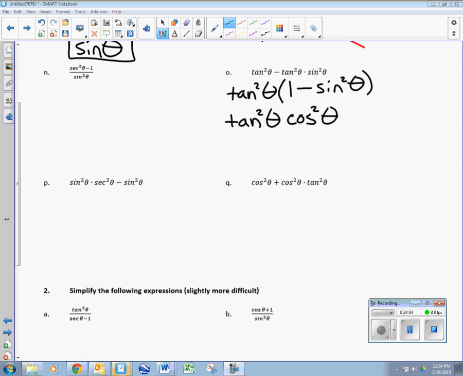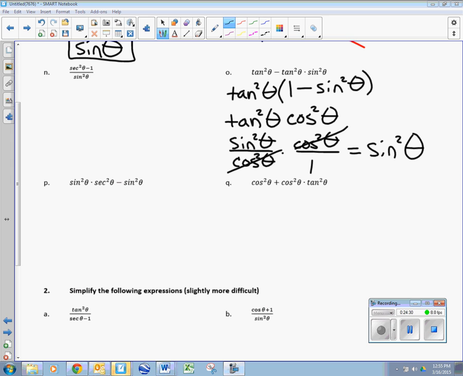Hey, I can rewrite tangent in terms of sine and cosine now, because I can see that I'll get a cosine squared in the denominator. And that's going to be helpful because I'm going to get some canceling here. What cancels? Cosine squareds, I get sine squared of theta. Isn't that nice?